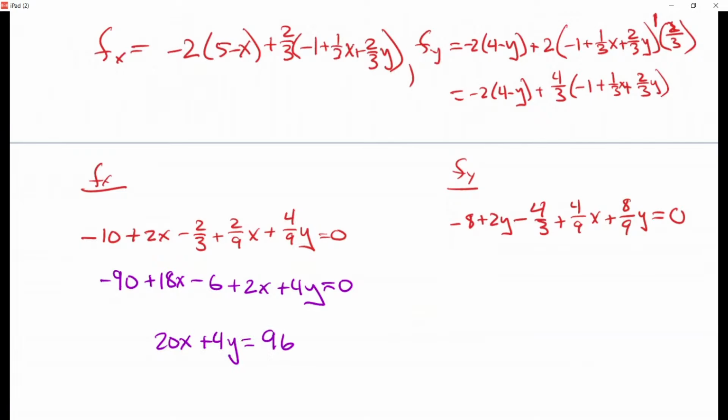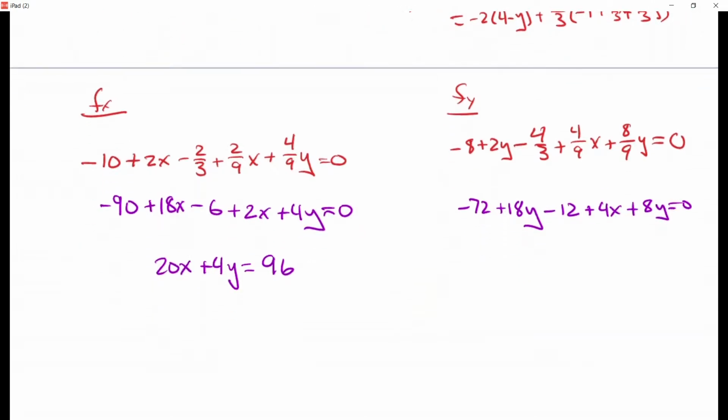Okay, on the left side here, I'm going to do the same thing, multiply everything by 9. 72, 18y minus 12 plus 4x plus 8. And then clean things up a little bit. It's going to be 26y plus 4x is equal to 82 plus 84.